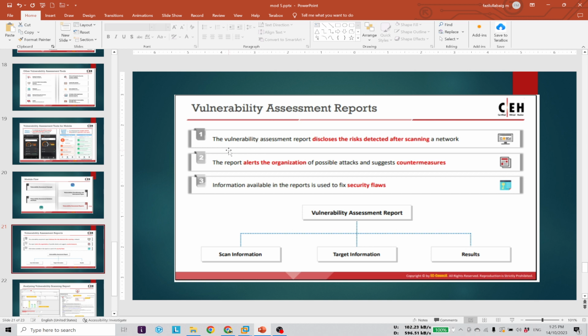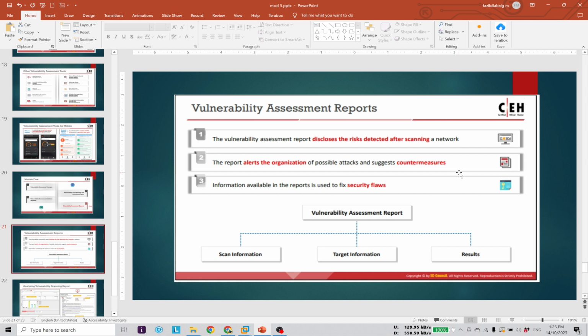The vulnerability assessment report discloses the risk detected after scanning, meaning identifying or finding the vulnerabilities. The second point: the report alerts the organization of a possible attack and suggests countermeasures. What are countermeasures? Possible procedures to fix the vulnerabilities.